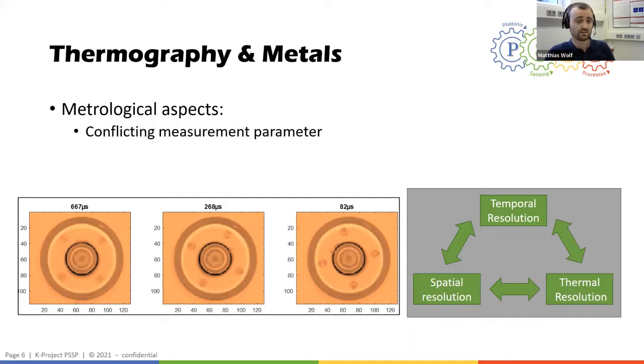Hence, high frame rates might require reducing the field of view, and to still have the same view on my object, I might have to vary the working distance, which affects my spatial resolution. These key aspects have to be considered, especially if I have fast conducting materials, especially metals, which might be moving at the same time as shown on this slide.